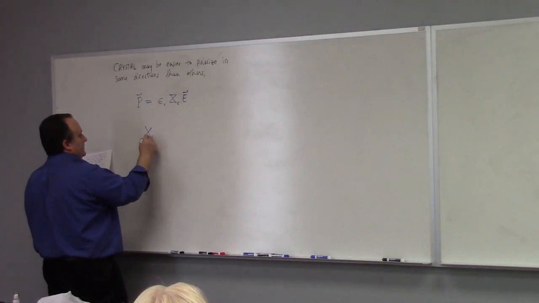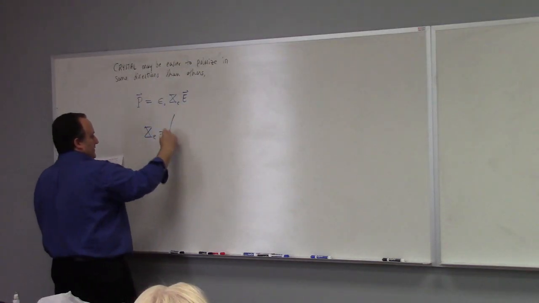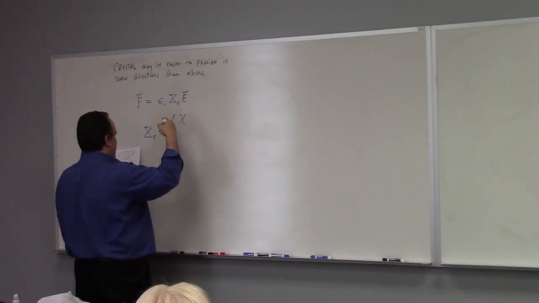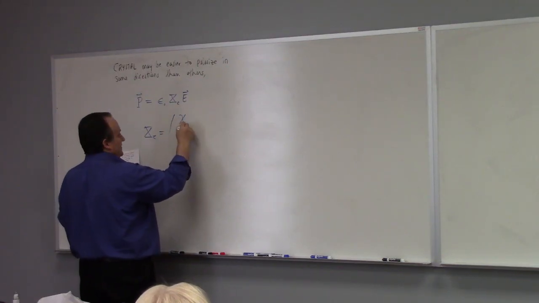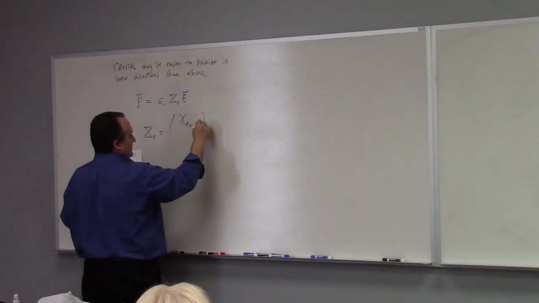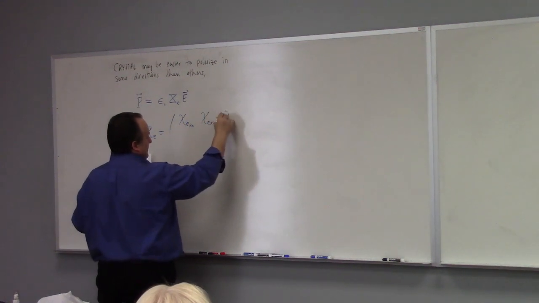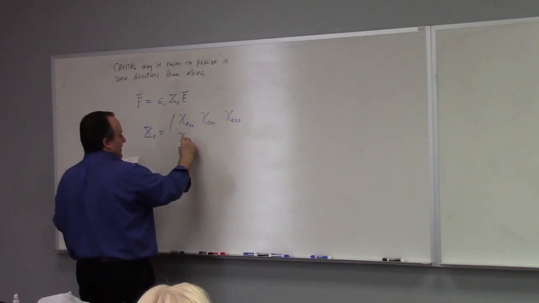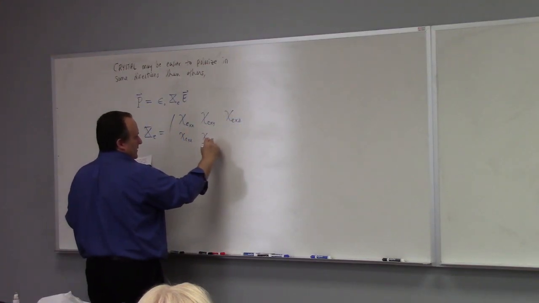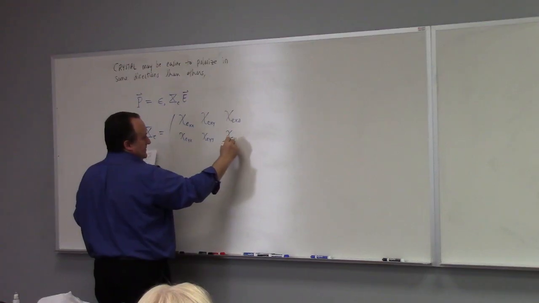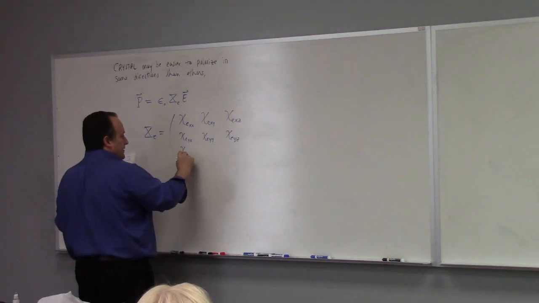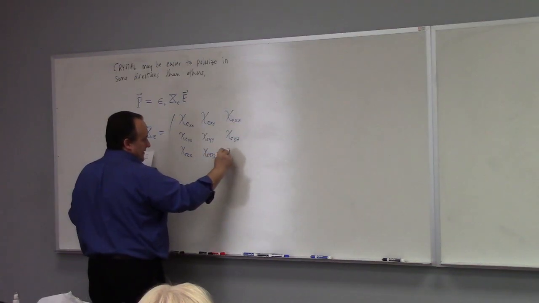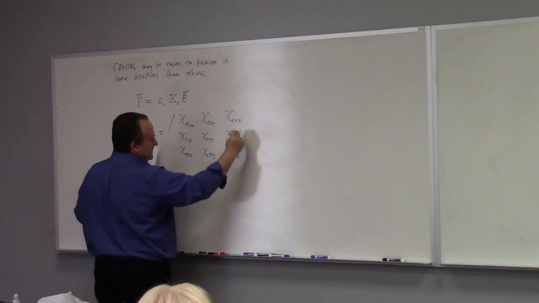And here, chi E, he doesn't have this, I just made that up, but it's like chi E XX, chi E XY, chi E XZ, chi E YX, chi E YY, chi E YZ, chi E ZX, chi E ZY, chi E ZZ.